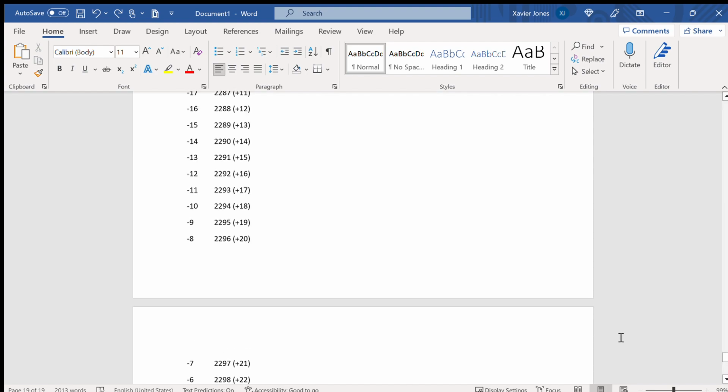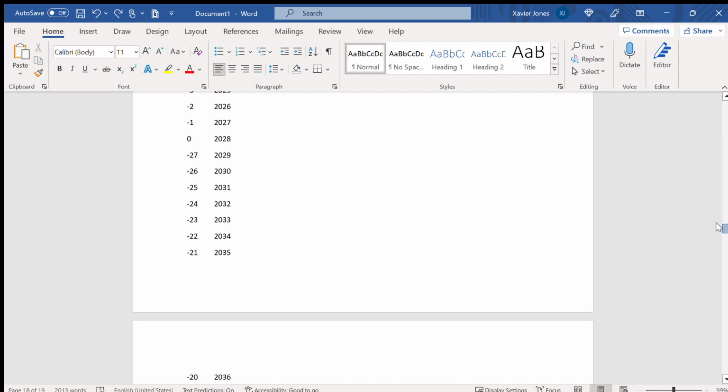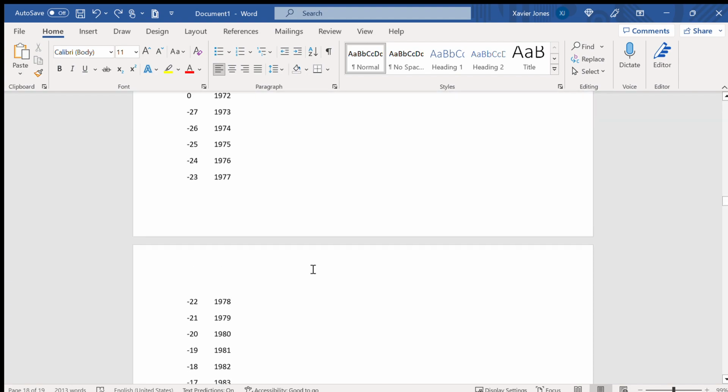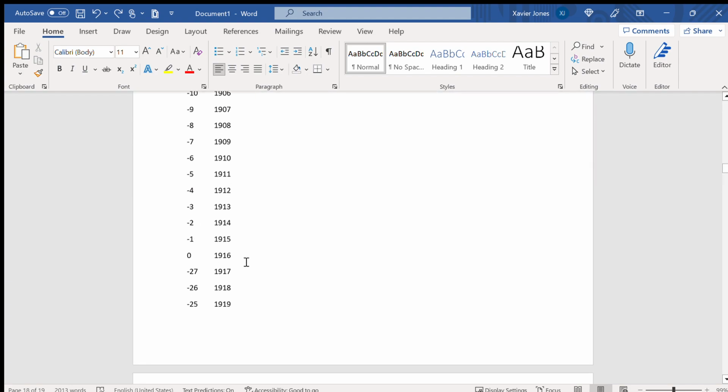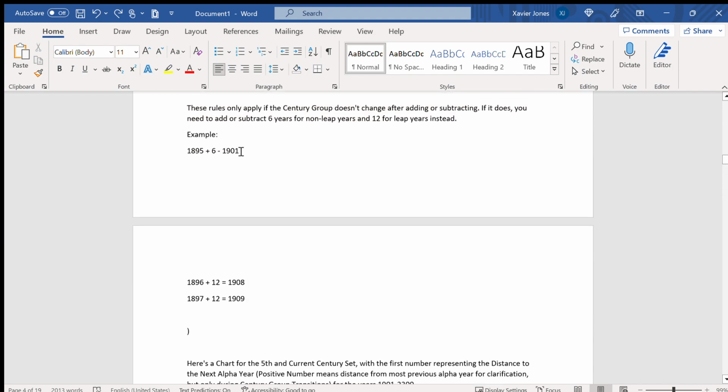Here, let's continue testing our theory, though. Did I even prove the plus 6 theory? 1895 plus 6 is 1901, and that's the same calendar. 1894, for whatever reason, has the same calendar as the year 1900.